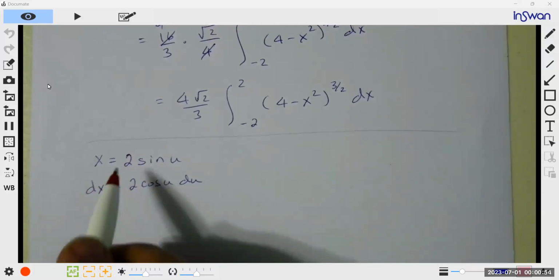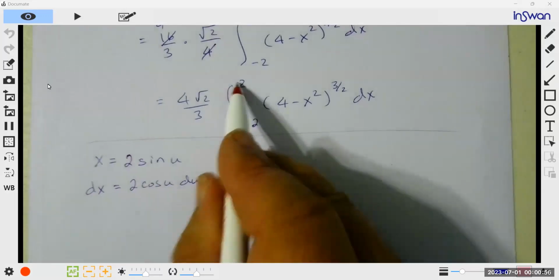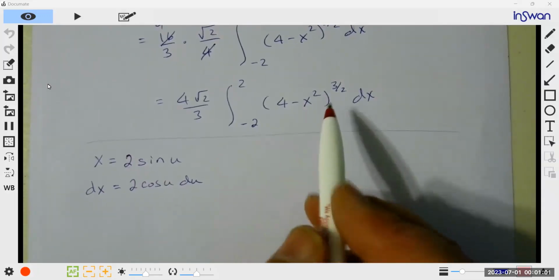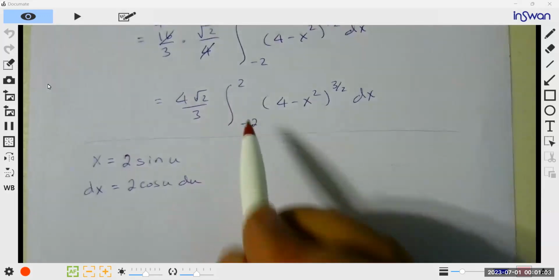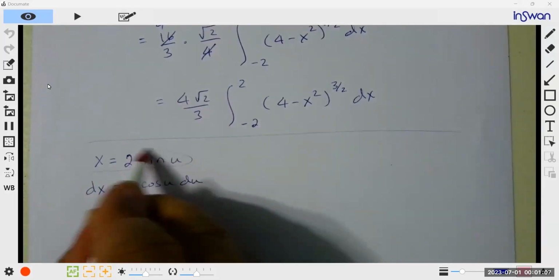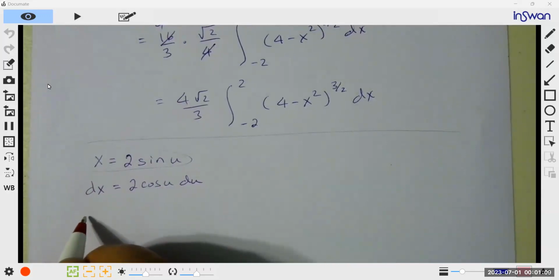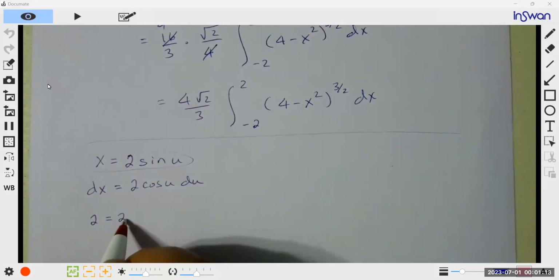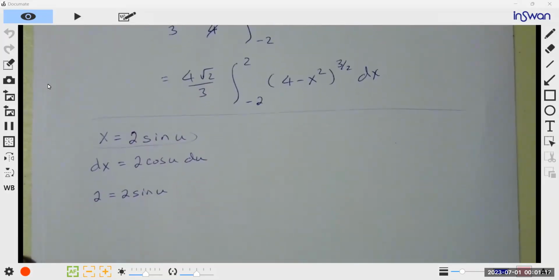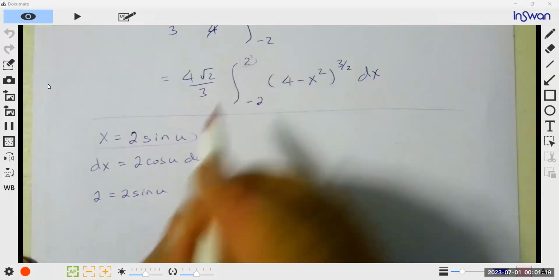Okay, that's only the first part. Now since we're changing the x to u substitution there, we also have to change the bounds. In other words, we'll use this one here. So since x is 2 sine u, let's see what the upper bound is going to be.